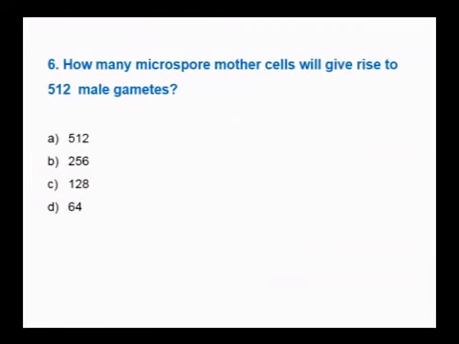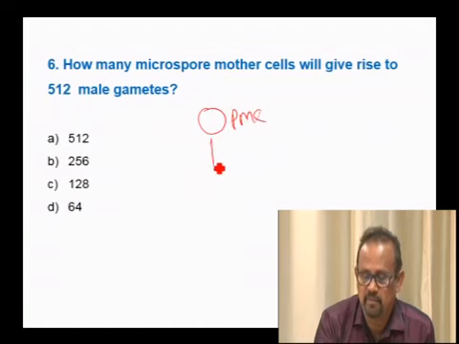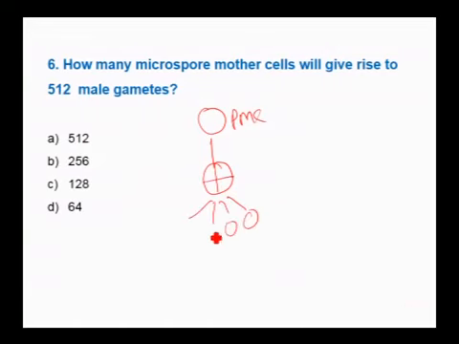Next question. How many microspore mother cells will give rise to 512 gametes? As you know, one pollen mother cell undergoes meiosis to produce a pollen tetrad, that is 4 microspores, which develop into 2-celled pollen grains, and each pollen grain produces 2 gametes.